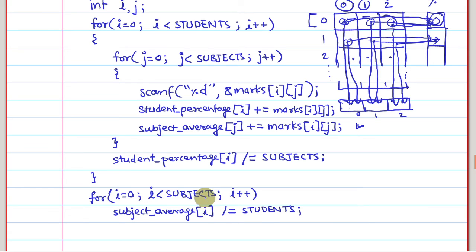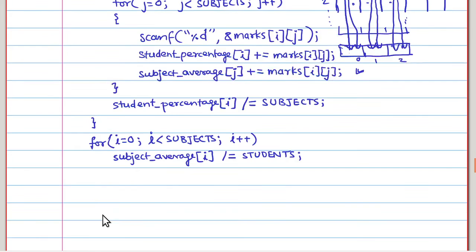And we will do this for each subject using this loop. So this statement will be executed multiple times, same as the number of subjects, right? So at the end of this loop, we will get the average in place as well, right?